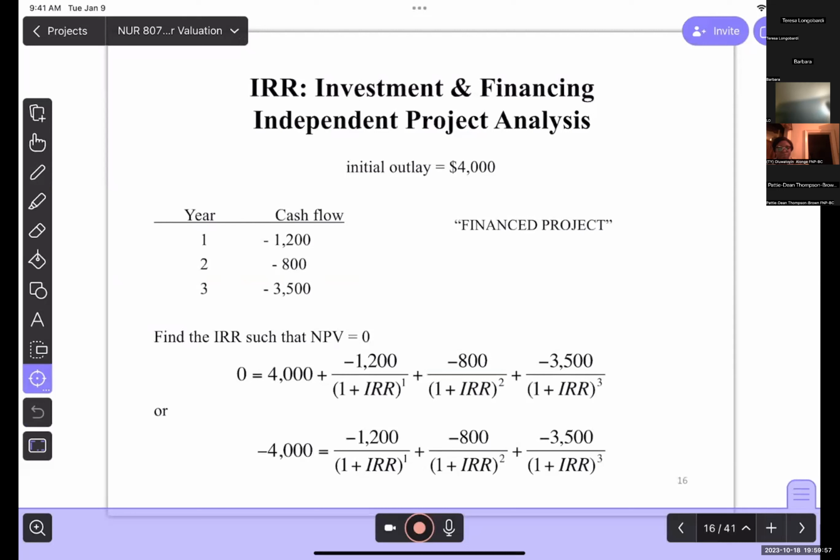Okay, so let's go to Excel. I'm going to put the numbers in. It took the values away. Remember, you have to put the 0 in.